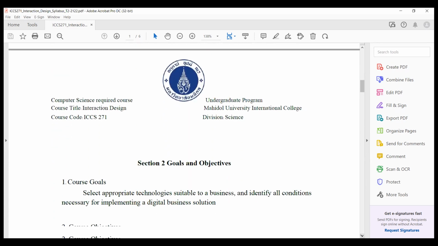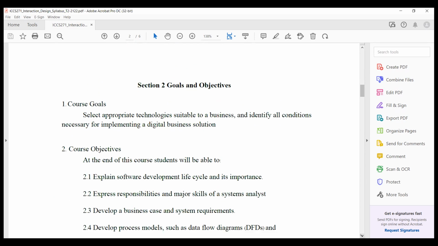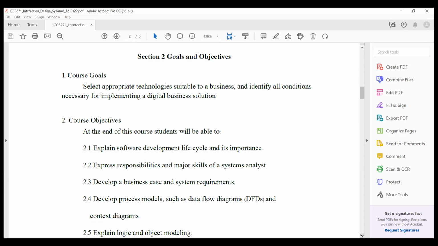Now let's talk about the goals and objectives of this course. I would like all of you to select appropriate technologies that are suitable to a business, and identify all conditions necessary for implementing a digital business solution.